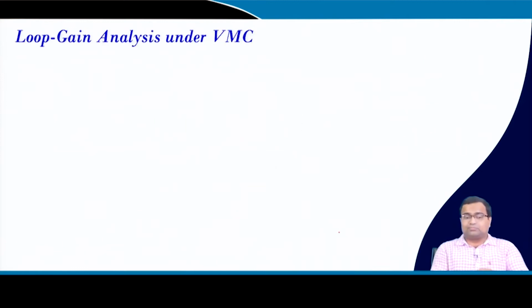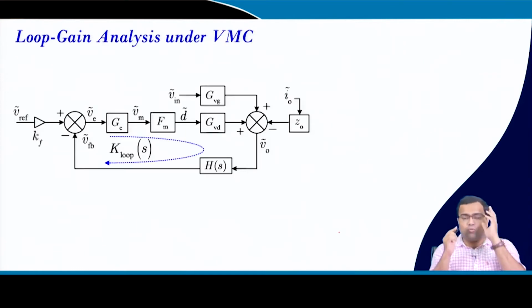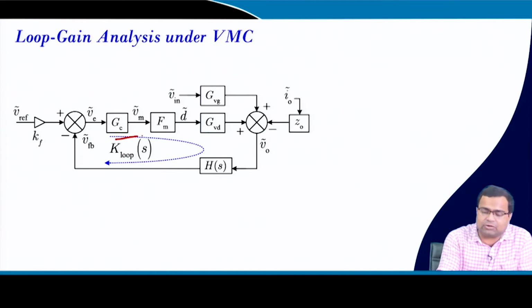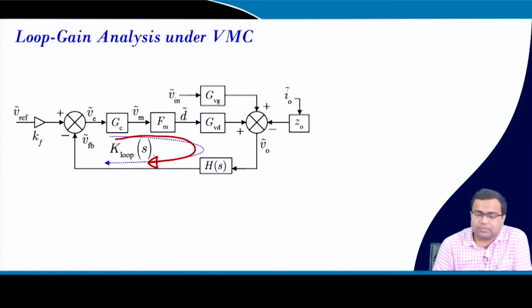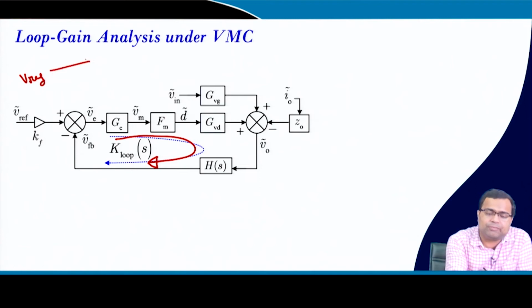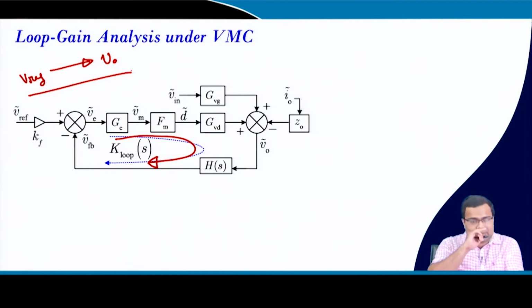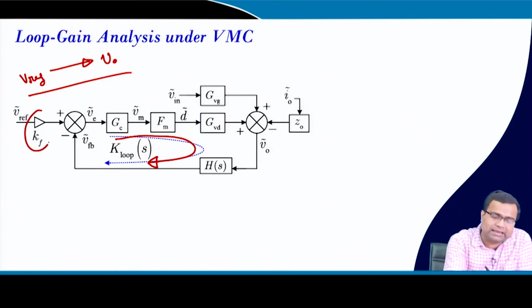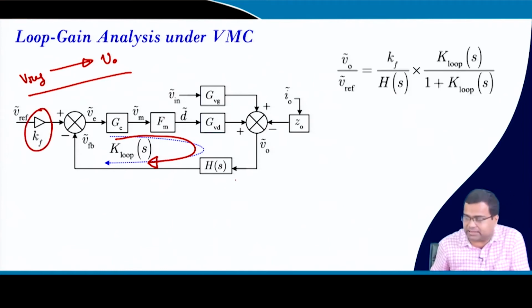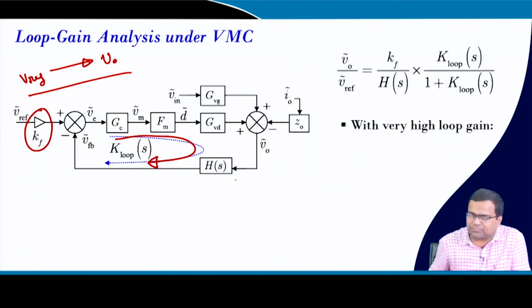If you want to draw the loop gain analysis, then this is our single control loop transfer function, and as I said, we need to map this Vref to V0, that means we want to make them equal. So, if we set a gain kf here, then this h of s should be set accordingly. First thing before we move forward, mapping.